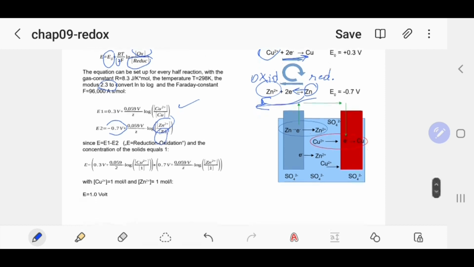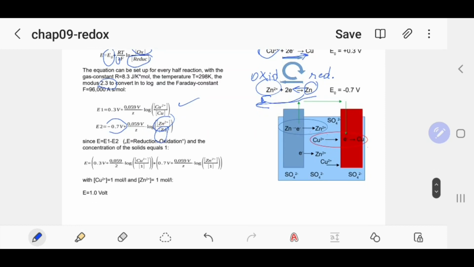Next, if we consider that the zinc, any solid, has a concentration of 1, just like we explained in the previous lesson of acids and bases and the one before as well.